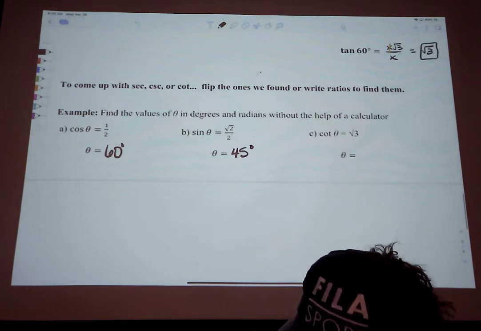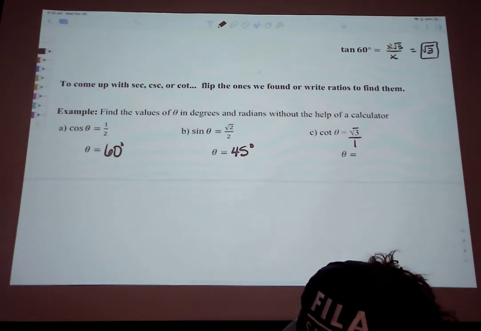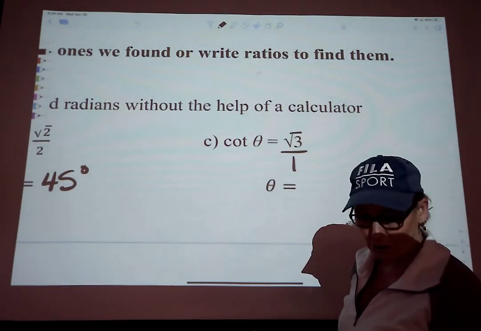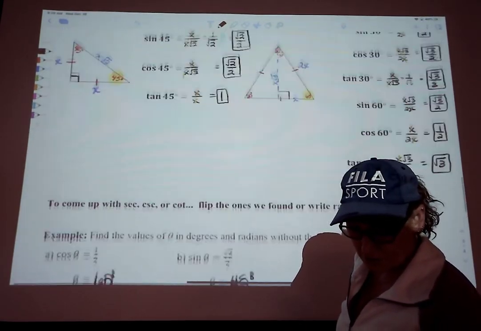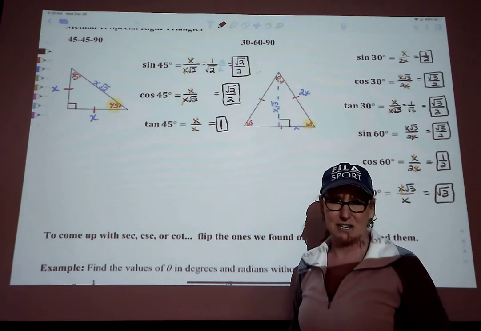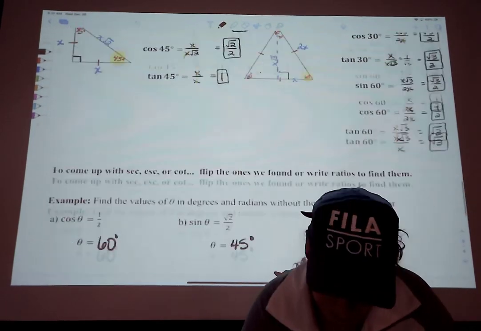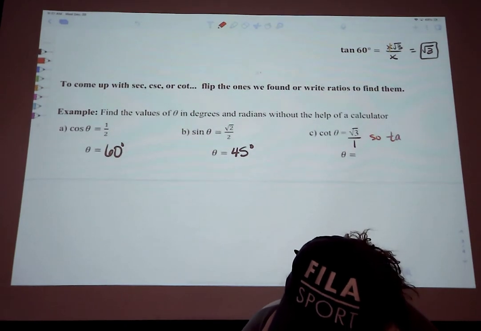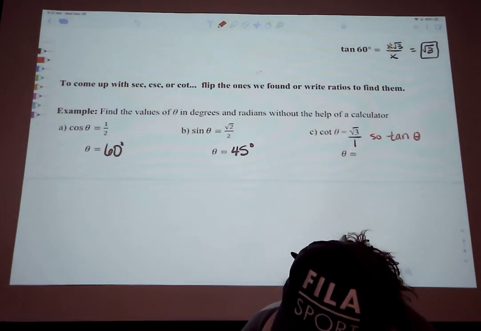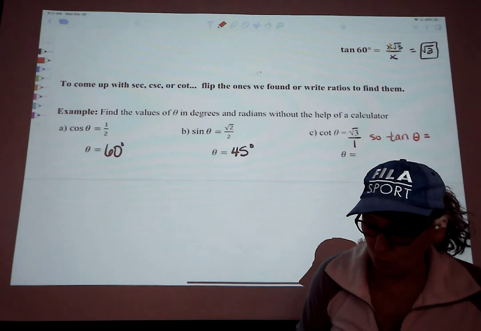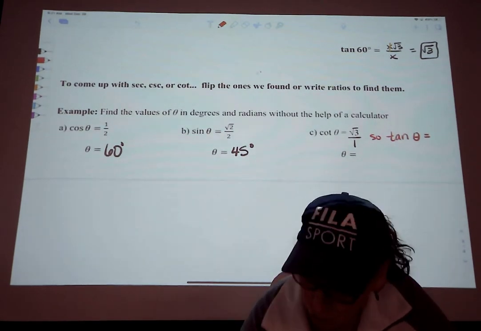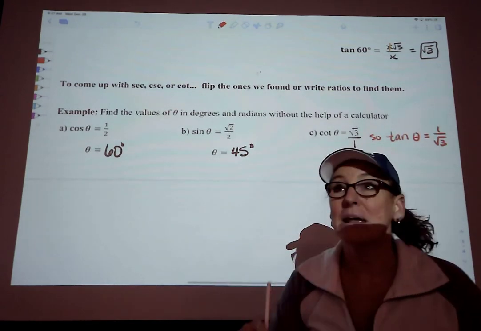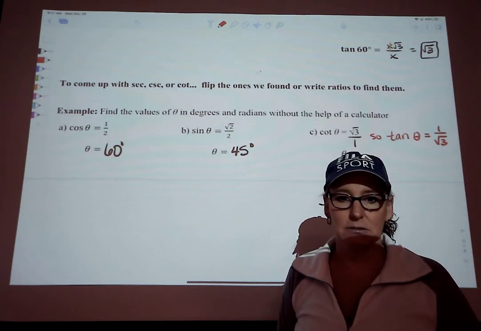Cotangent. Did we write a cotangent fraction that was radical 3 over 1? I never wrote a cotangent fraction. Okay, well, if the cotangent is radical 3 over 1, the tangent would have been 1 over radical 3 before I simplified it. Did we write that anywhere?